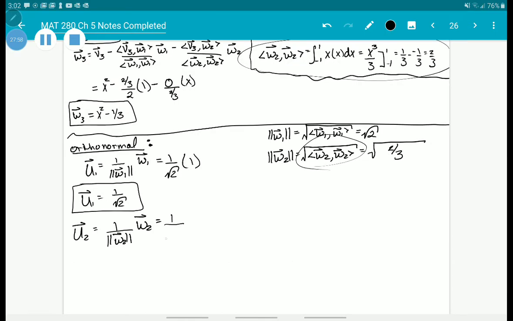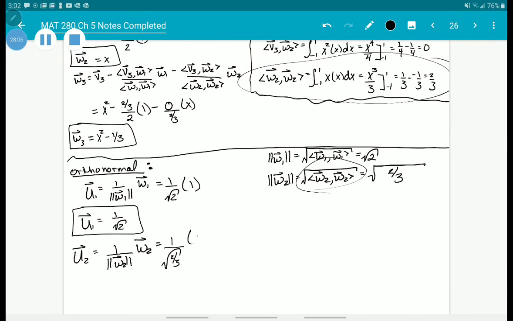So we have 1 over the square root of 2/3 times W2, and W2 was x. So that's the same thing as the square root of 3/2 times x.